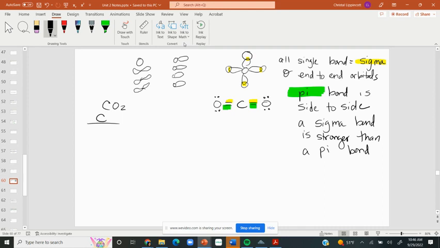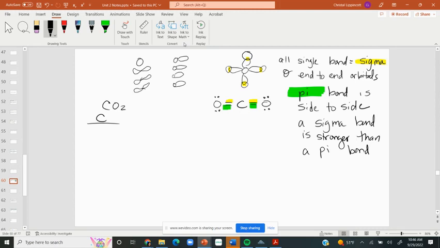So if we're just comparing a sigma and a pi, the sigma is going to be stronger. But if I have a sigma versus a sigma and a pi, so a single bond versus a double bond, the double bond is going to be stronger. Does that make sense? Okay, all right, so let's talk about this.